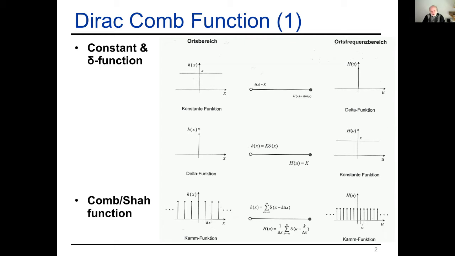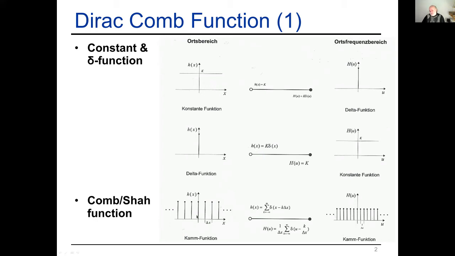As we move these samples further apart, so as we make the delta x larger in the comb function in the spatial domain, the spacing in the comb function in the Fourier domain here on the right, and again I have to point over here, gets tighter, or vice versa.